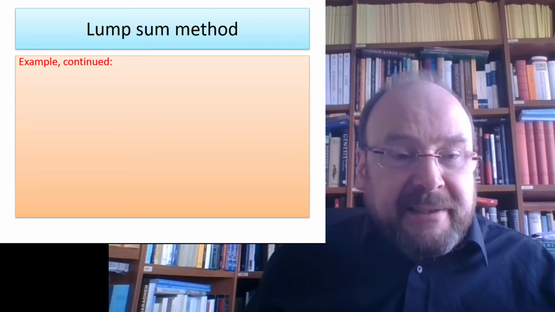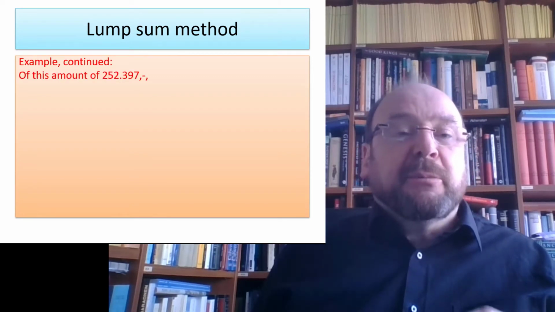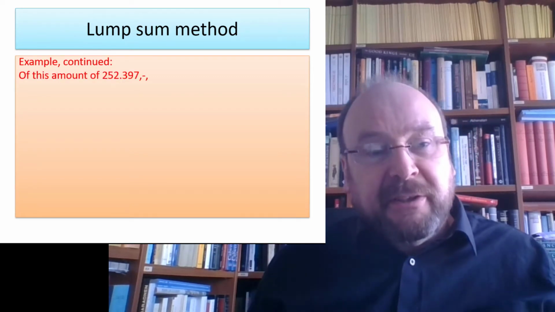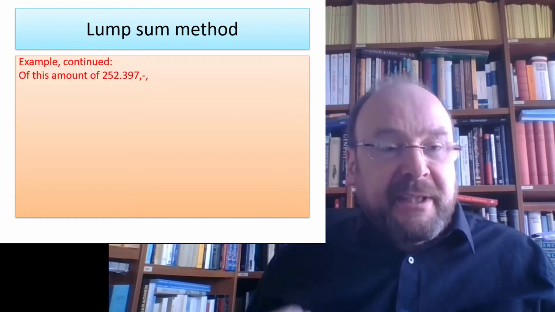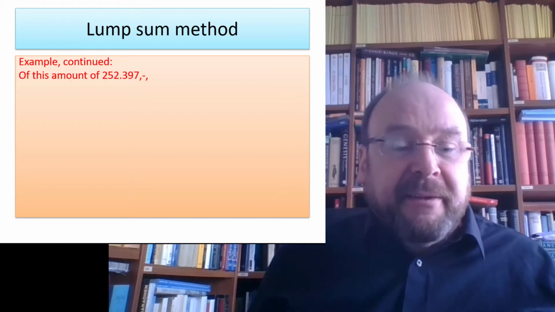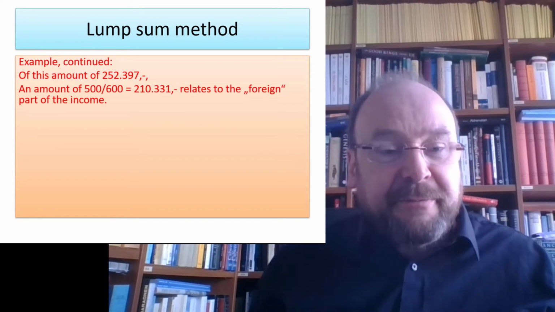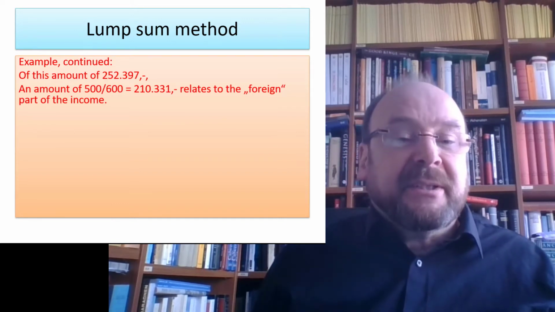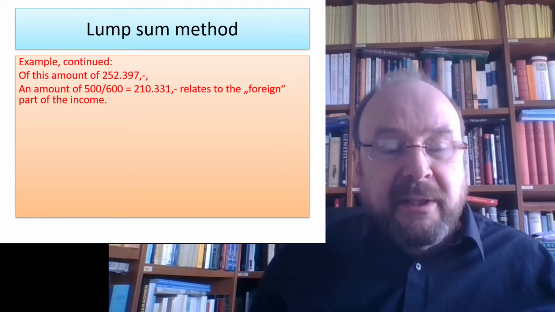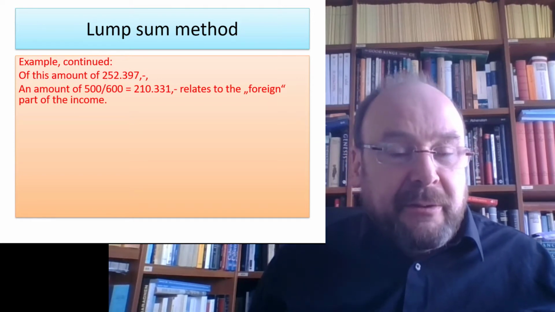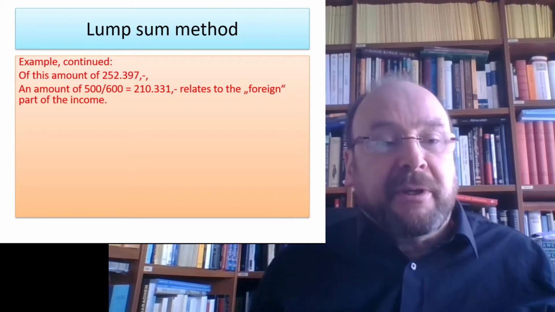Now the next step is then we want to apply for a reduction of the tax which refers to the foreign income. That is 500,000 out of a total of 600,000. So 5/6, that is 210,331. In all probability now, according to logic, relates to the foreign part of the income.